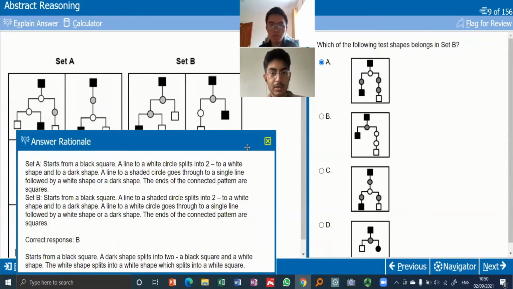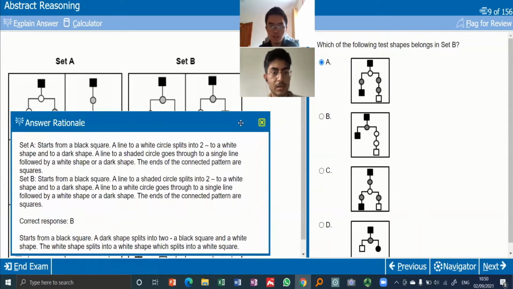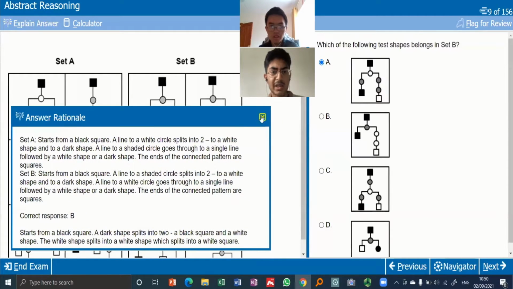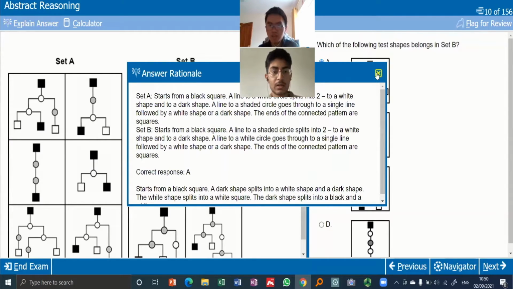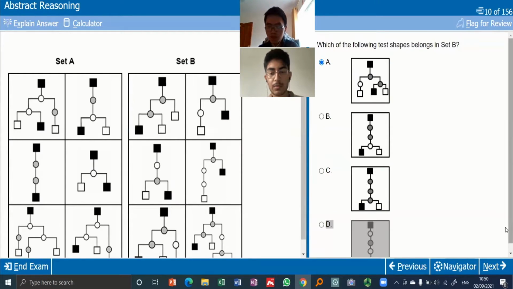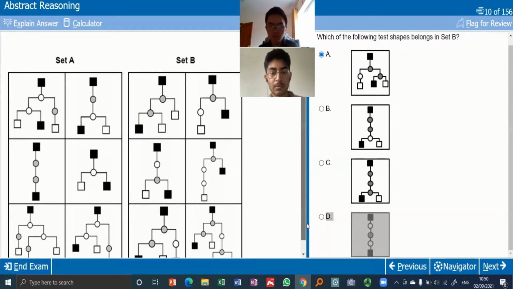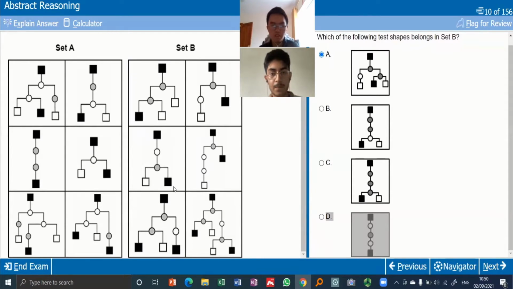Right. Which of the following belongs to set B rather than A? Oh, okay. This is just a simple mistake by me. I just got confused. But this one is definitely A. Yep. So apart from making silly mistakes, you can see that again, once you got the rule, everything else is crystal clear.